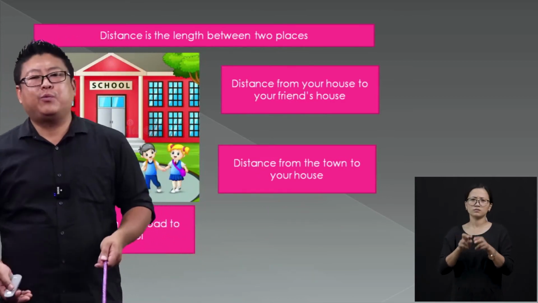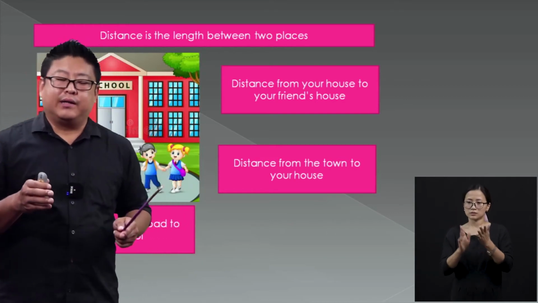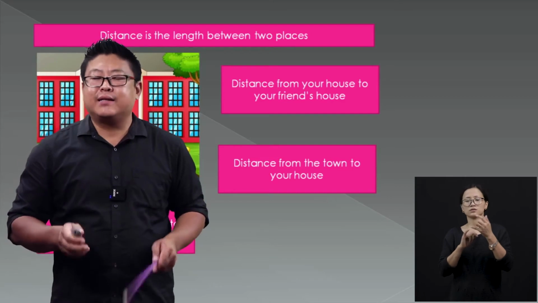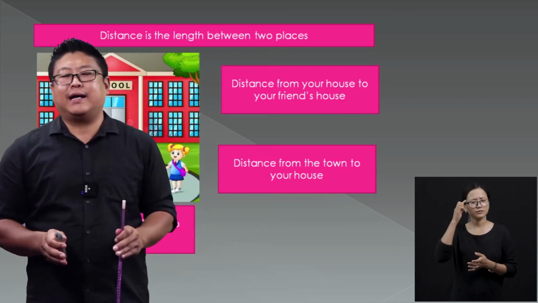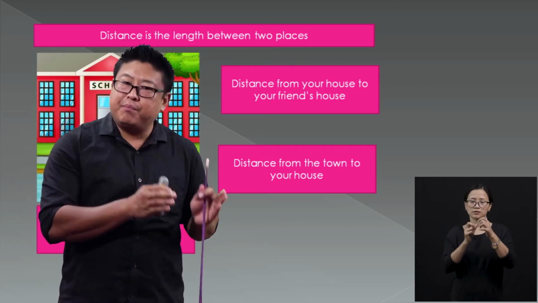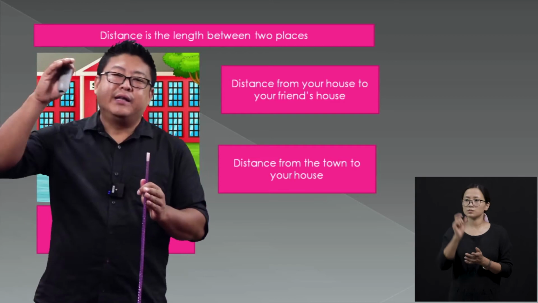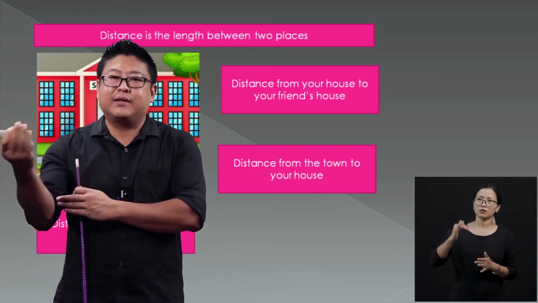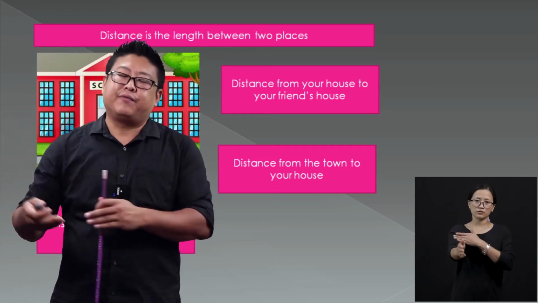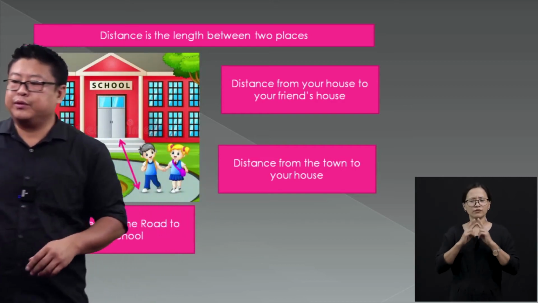Whatever we have learned, these are all non-standard units. And please be reminded that the non-standard units always vary from person to person because each person is of a different height, with different arm length and different foot length, right? So all of them vary according to size.